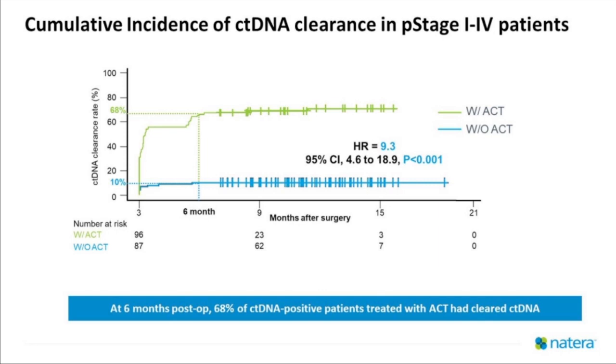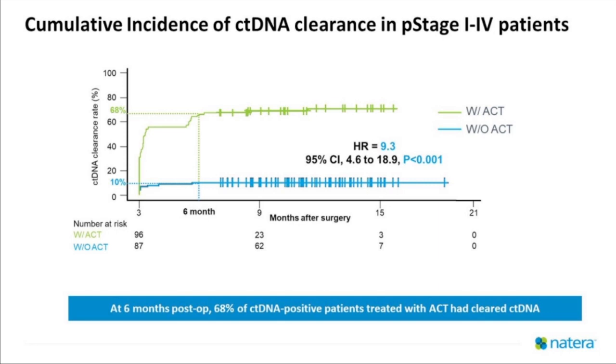And basically the idea is that at 6 months post-op, 68% of these ctDNA positive patients treated with adjuvant therapy were able to clear their disease. So basically these patients who were able to go from positive to negative definitely benefited from this.